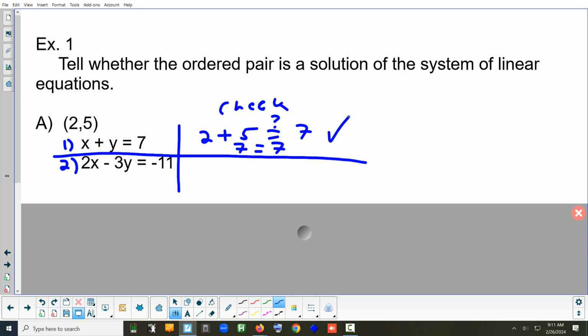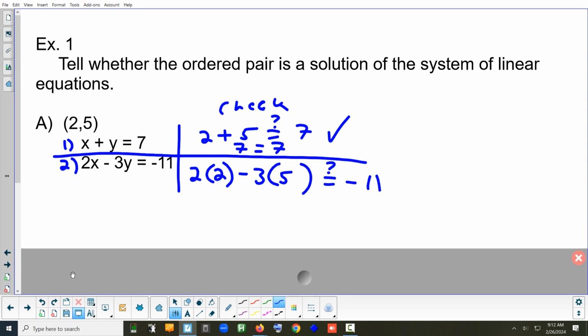All right, so now we've got 2 times, and what am I filling in for x again? 2. Yep, it's always the same number you did the first time. For x, minus 3. And what are we filling in for y? 5. And then the question, will that come out to negative 11? Okay. What's 2 times 2? So that's 4.